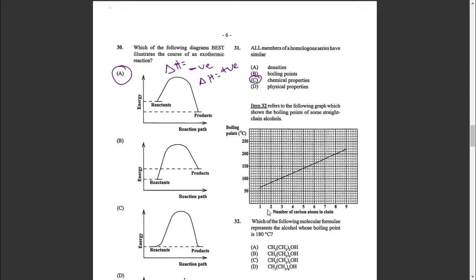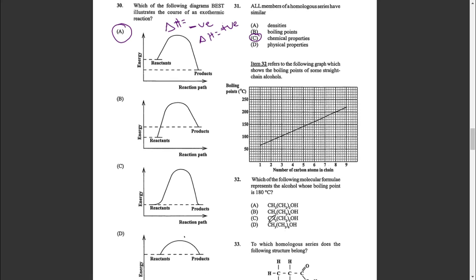Item 32 refers to the following graph, which shows the boiling points of some straight chain alcohols. Which of the following molecular formulae represents the alcohol whose boiling point is 180 degrees Celsius? Let's find 180. It is right here, straight across, and that's 7 carbons.